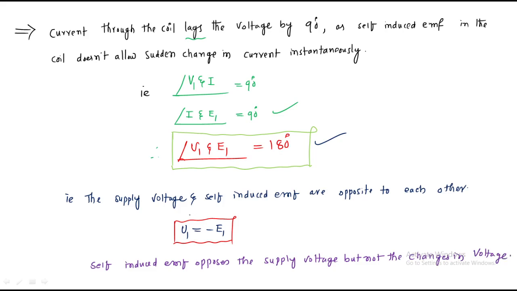Very important observation. It has to oppose the supply voltage only but not the changes in supply voltage. Obviously this is the justification for transformer as a phase shifting device. So like that we have derived the condition between supply voltage, induced EMF, flux and current for self inductance.